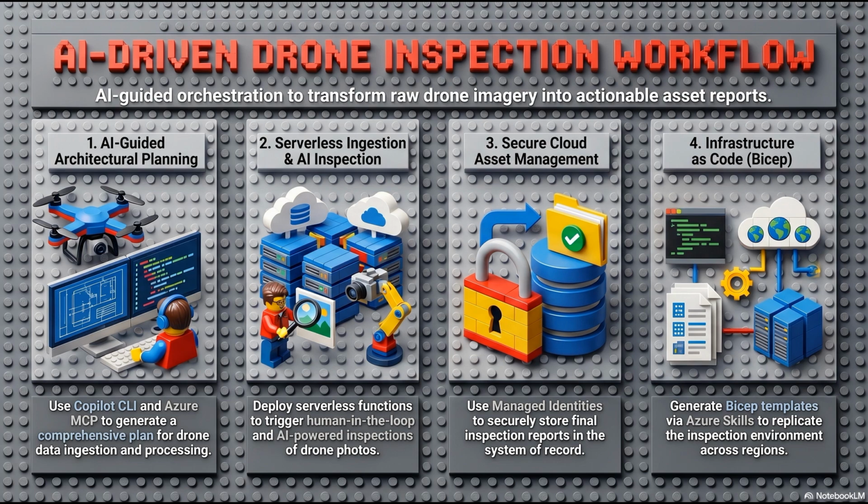Okay, so we added our guardrails. The Azure function securely and efficiently extracts the metadata and writes it to the database. But our ultimate goal is an intelligent workflow, right? We need humans involved in this loop. We do. We need an inspector to actually look at this image, approve it, or reject it. So my question is, are we supposed to write thousands of lines of custom code inside our little Azure function to handle email protocols, capture human responses, and manage state timeouts?